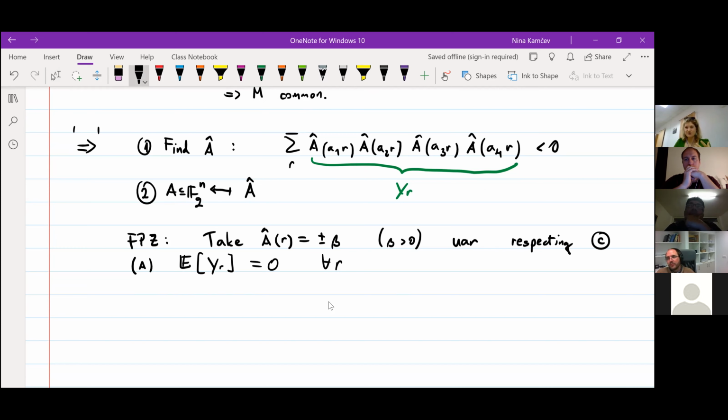This coin toss that's independent comes out plus beta or minus beta uniformly at random, and it makes the expectation 0. I'll go back to this briefly later. So by linearity of expectation, we conclude that the sum over all R's of these random variables is also 0 in expectation.